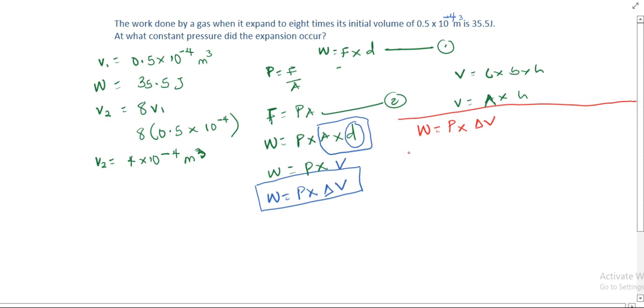Our work done is given as 35.5 joules, equal to the pressure multiplied by the change in volume. The change in volume will be V2 minus V1. And the V2 here is 4 multiplied by 10 to the power of negative 4 minus the V1, 0.5 multiplied by 10 to the power of negative 4.